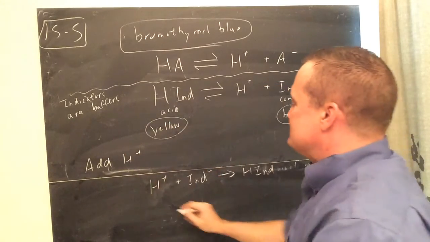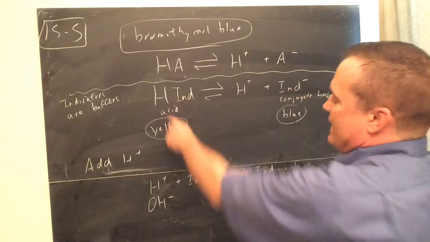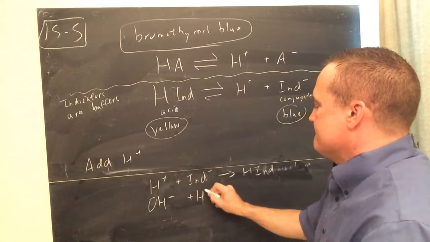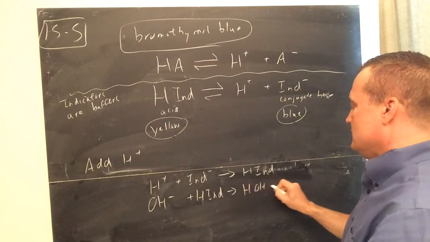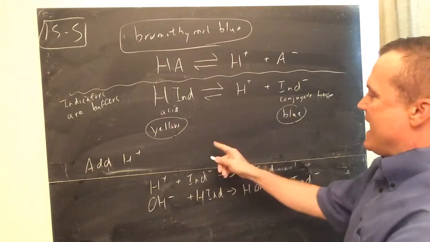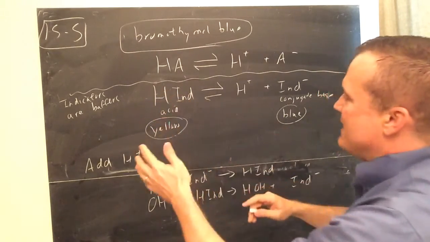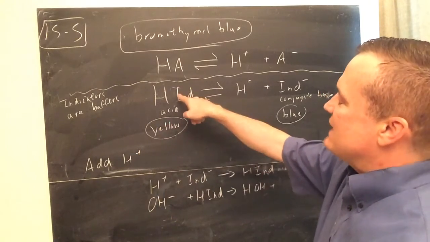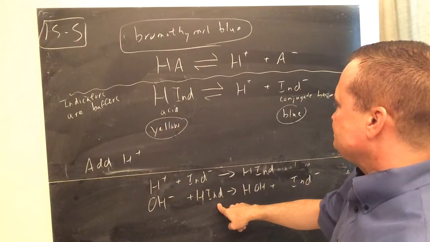If you add base, that means OH negative. Guess what? It won't react with the base. It'll react with the HInd, the acid, and give you water and the indicator base form. So you add base, it reacts with that, and what happens is it diminishes the HInd. It takes that away.